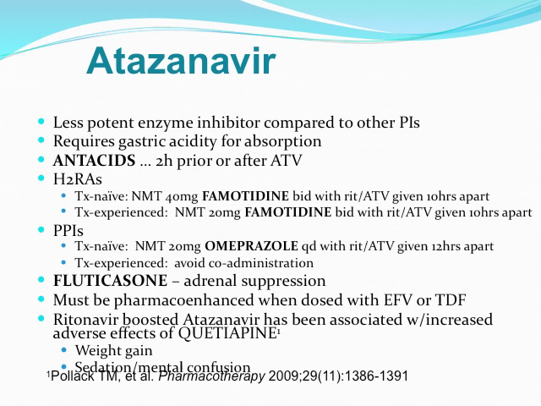Atazanavir, which many of you have lots of experience with, is not a very potent enzyme inhibitor, so it's pretty safe to use with agents that have 3A4 drug interactions. It does require gastric acidity for absorption, so it becomes a problem if you have a patient who is taking antacids or PPIs or H2 blockers.